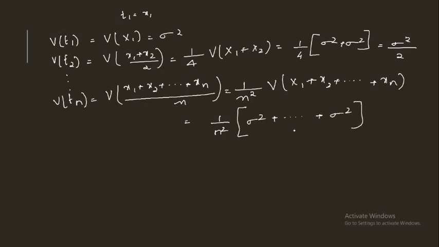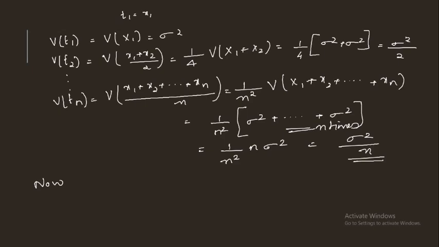You have n sigma squares over here, n times, so this is equal to 1 by n square times n into sigma square, and you will get the answer as sigma square divided by n. So in short, what can you say?